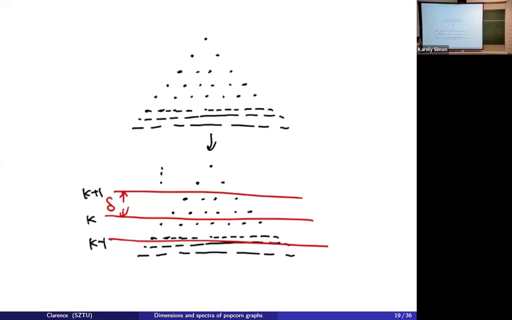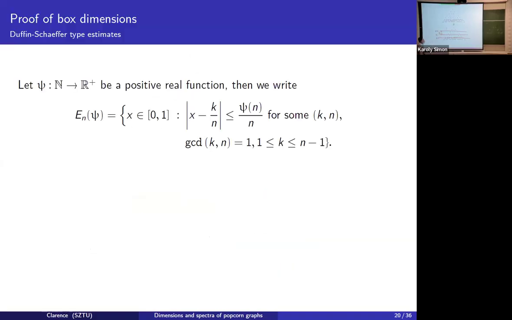However, for the coverings of each strip, we will apply some techniques from Diophantine approximation. Let psi be a positive real function, and we define E_n(psi) to be the set of points x, for fixed n, such that x has a distance of k over n at most psi of n.